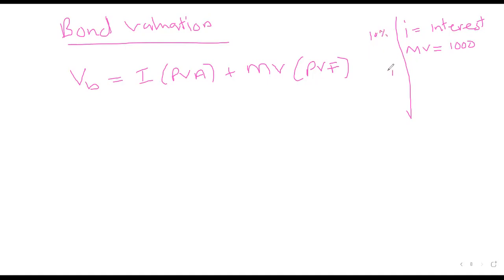So the coupon value, capital I, is simply a percentage, which is the coupon interest, of the maturity value. So 10% of 1,000 is how much? 100. So this is a coupon bond which is earning a coupon interest of 10%, with a coupon value of 100. The face value is the original price, which is the maturity value of a bond.